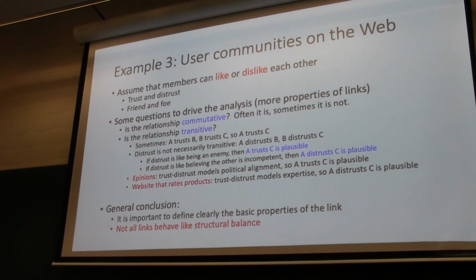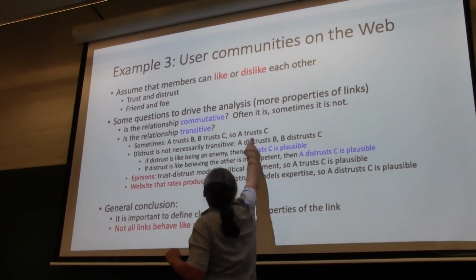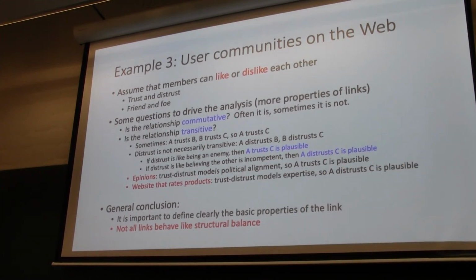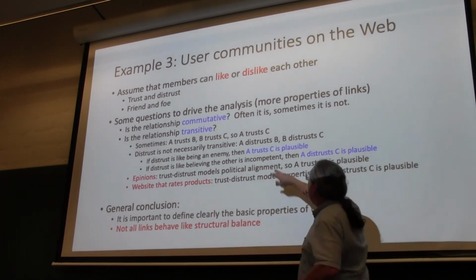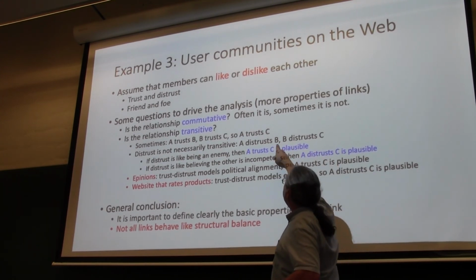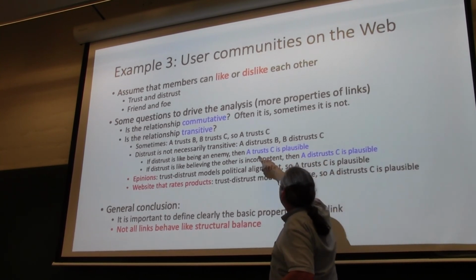If A distrusts B, does B distrust A? Usually it is. Is it transitive? If A trusts B and B trusts C, will A trust C? Sometimes. But distrust is not necessarily transitive.